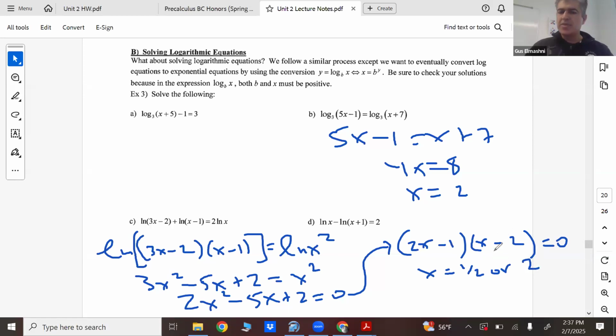And I think one of them is extraneous. Yeah. All right, here we go. Here's part C. Only two works, not half. So use a product property and power property, set equal to each other. You get a quadratic. That is a factorable quadratic. You get half or two, but you can't take the log of negative numbers.